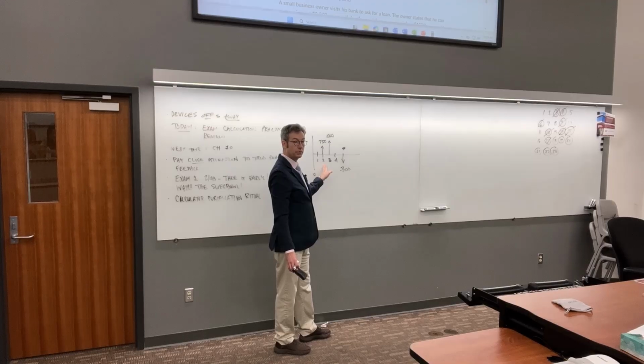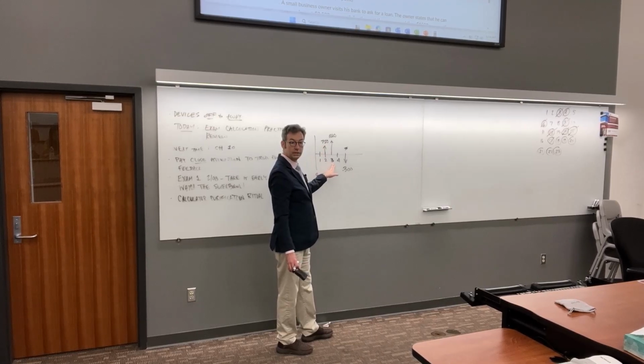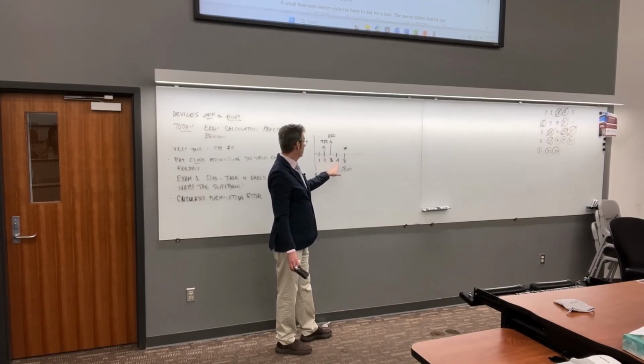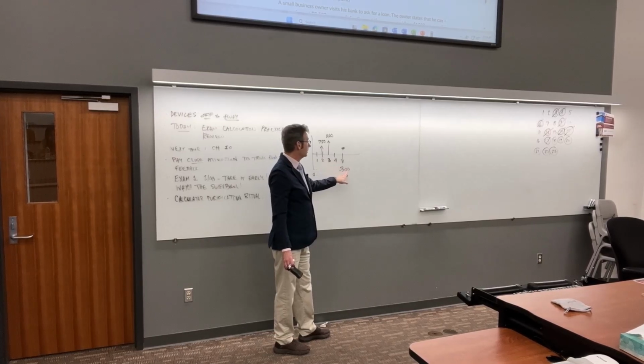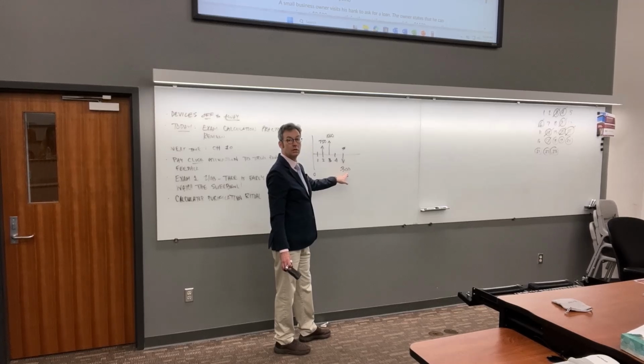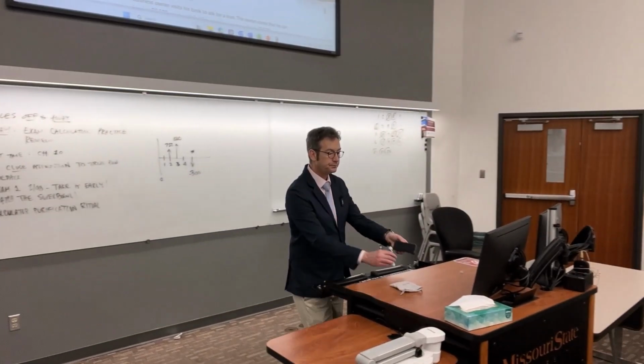What's F02? 1. There's only one of these cash flows. C03 and F03? 1. C04, 0. What's F04? 1. C05, minus 300, and what's F05? 1. So let's put it in and see what we get.